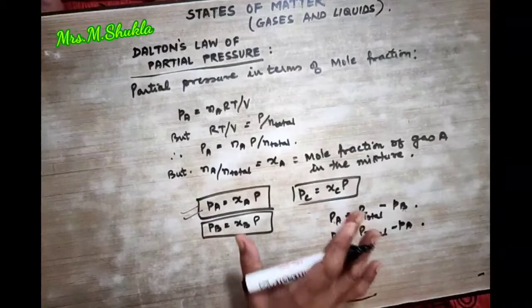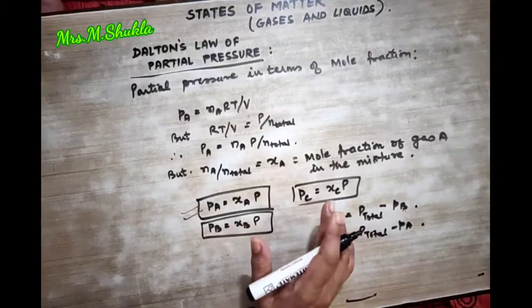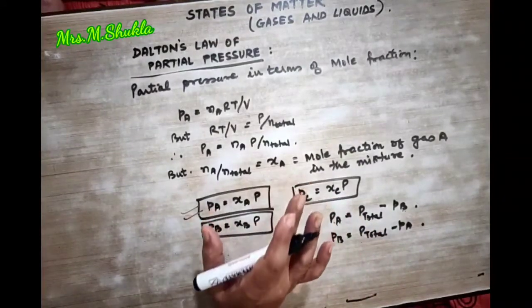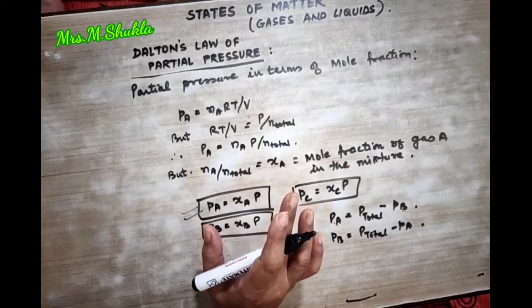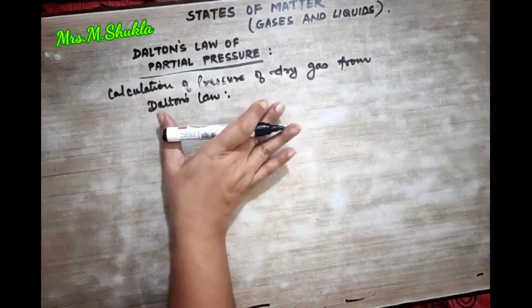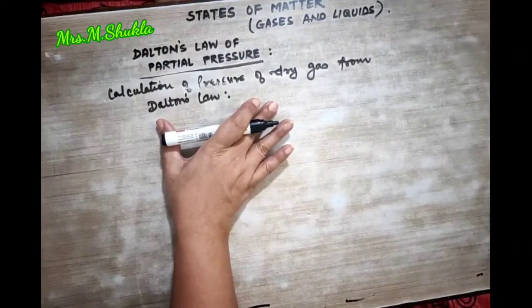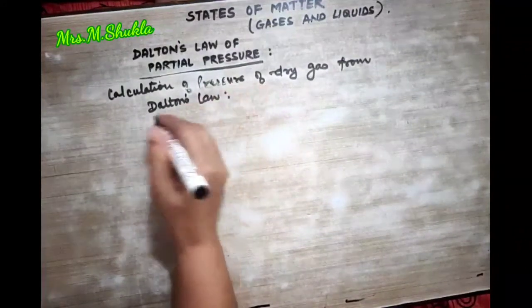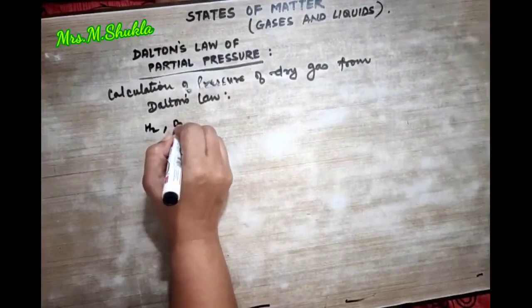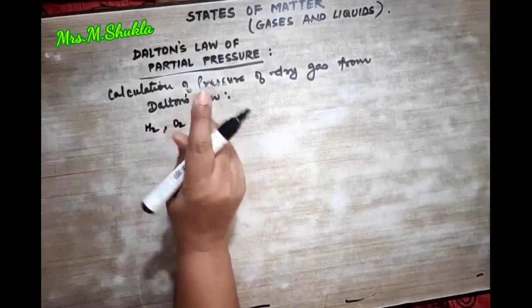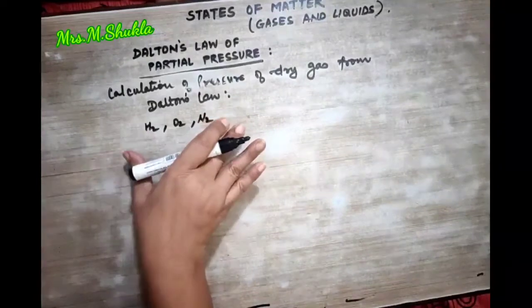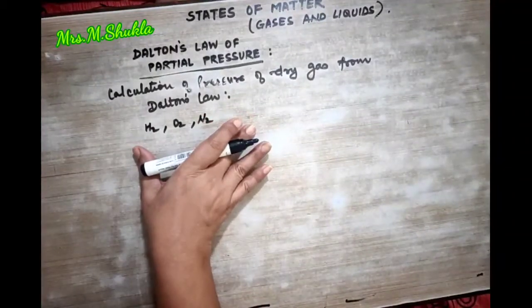Now, certain calculations of the pressure of the dry gas from Dalton's law also have to be understood. Let us understand the calculation of pressure of dry gas from Dalton's law. In the laboratory, gases like hydrogen, oxygen, nitrogen are collected by the downward displacement of water, right?